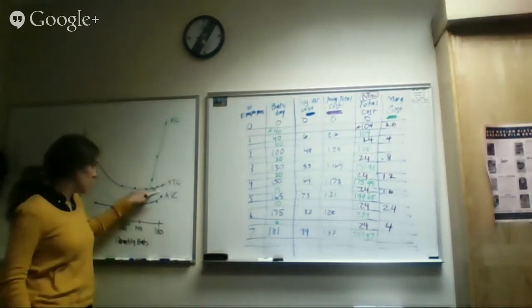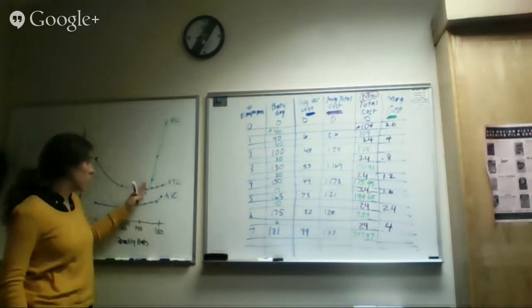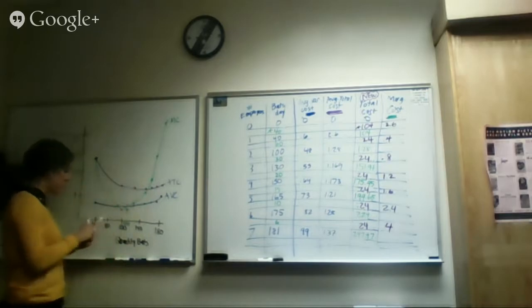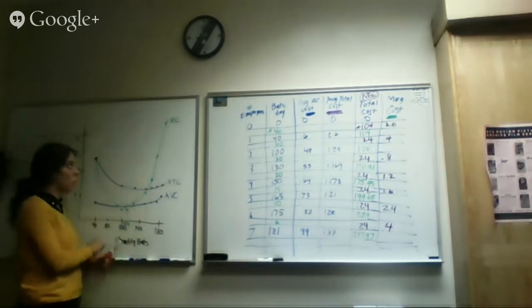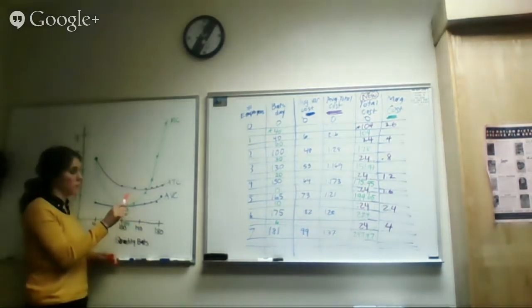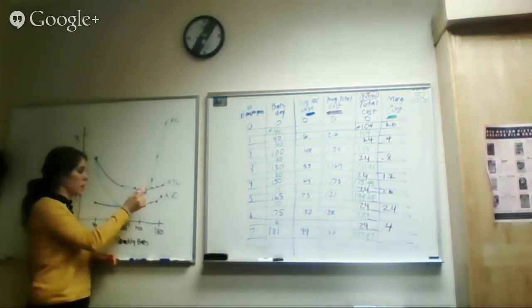And so they will produce at a price point where at least their average total cost is being covered in the long run. So they would produce no lower than this point right here.